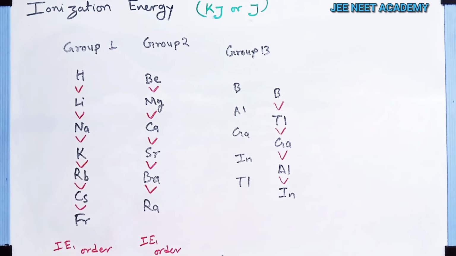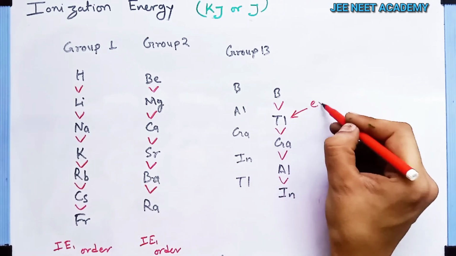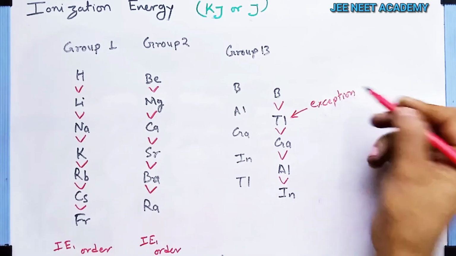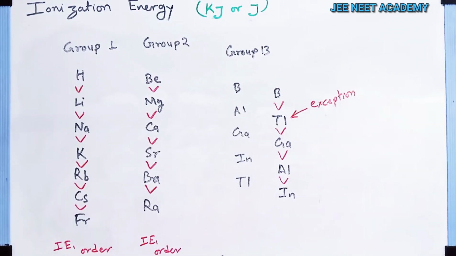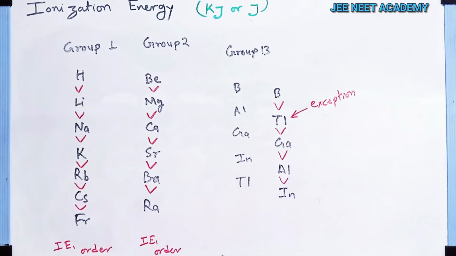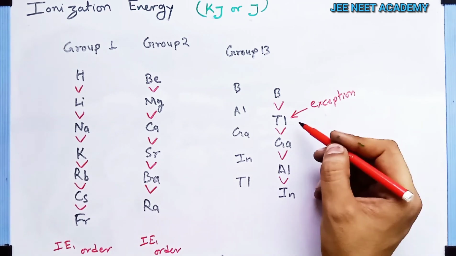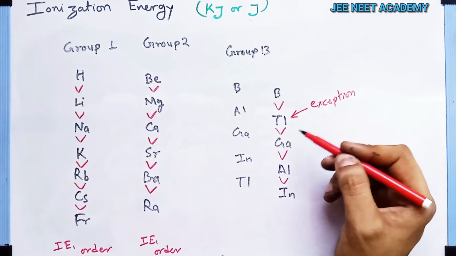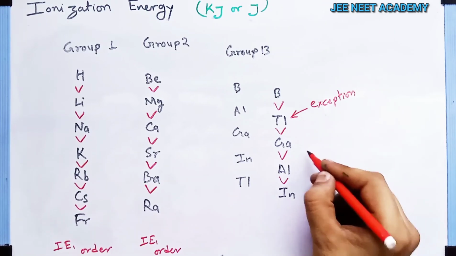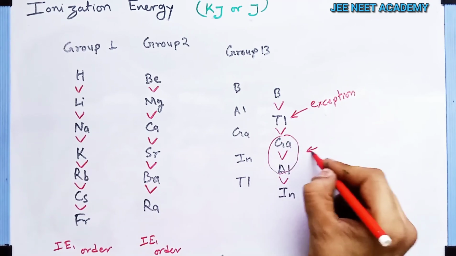Indium is having the least. This is an exception, that thallium is having a higher value compared to gallium, aluminum and indium. The reason for this you can think of as lanthanide, actinide contraction, d-block contraction.